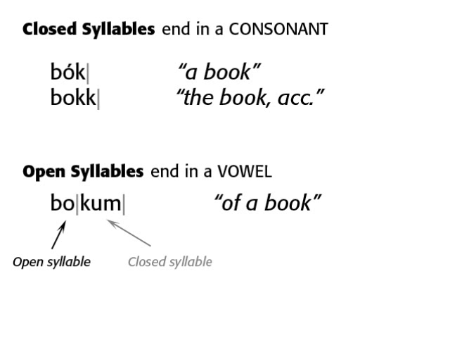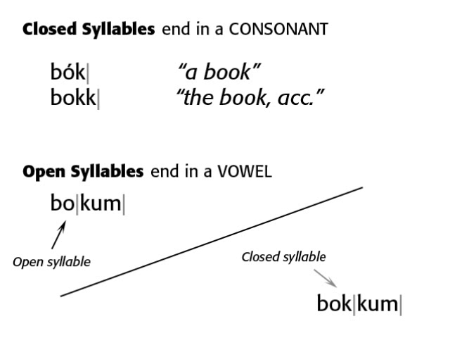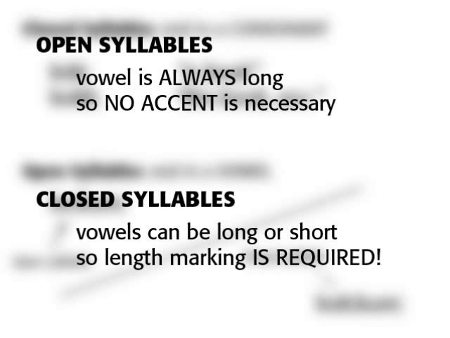So, in the word boakum, the O is pronounced long, even though there's no accent. Compare this with bohkum. Here, the O is short because the syllable is closed and there's no accent. To summarise, if the syllable ends in a vowel, the vowel is always long. If the syllable ends in a consonant, length needs to be explicitly marked.